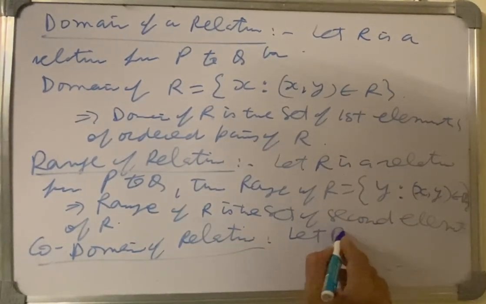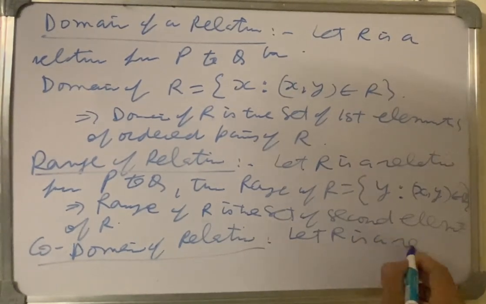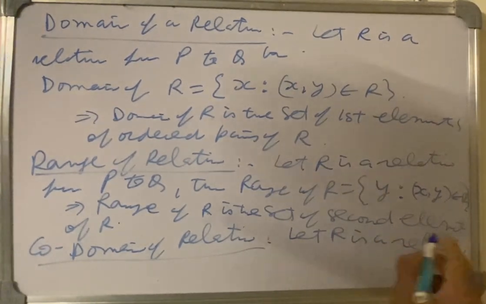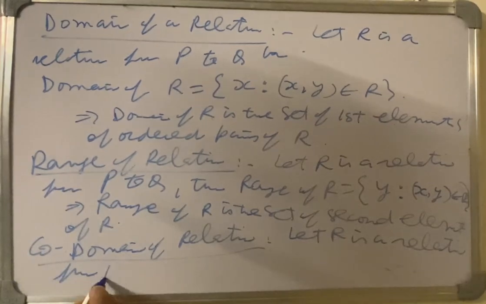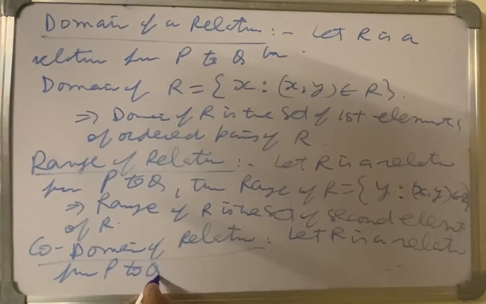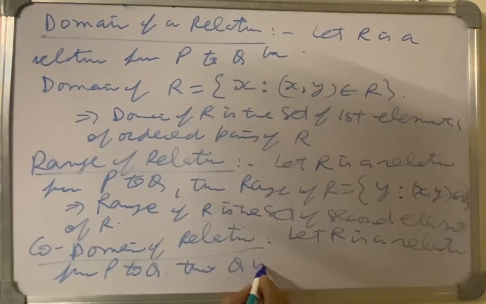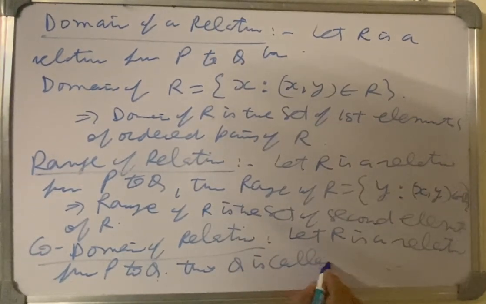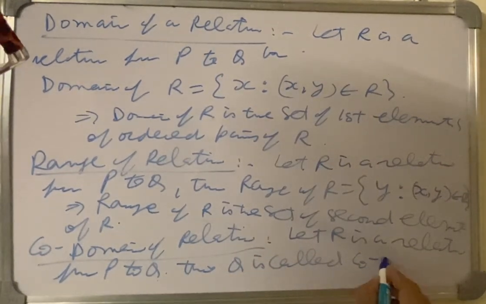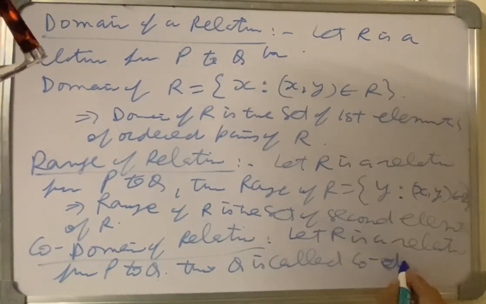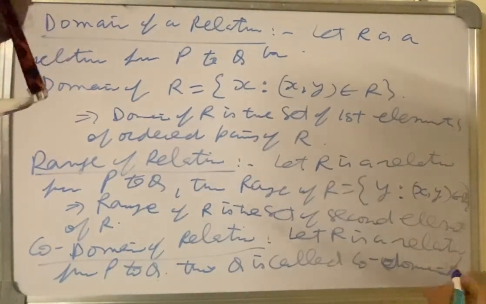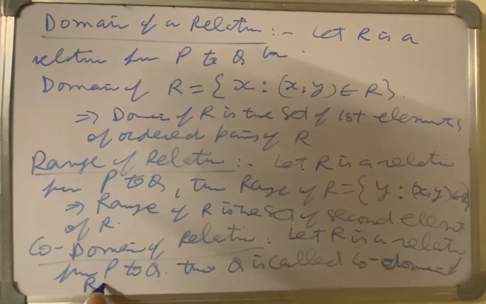Let R be a relation from P to Q. Then Q is called the codomain of relation R. So that's all.